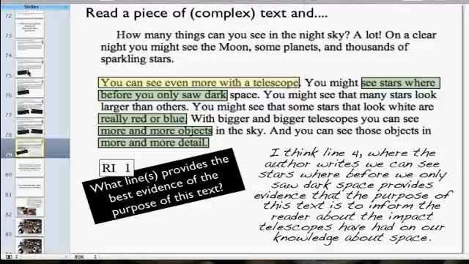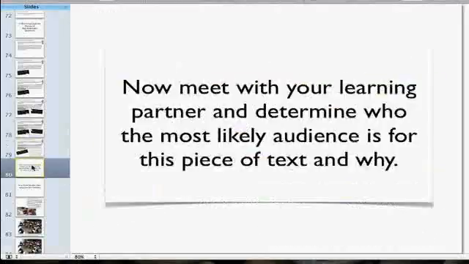And after students would do these different processes, they'd meet with a learning partner and then talk in a little depth about who they think the audience is for this piece of text and why. So a very cohesive sequence, and hopefully you can see how that mediated or helped to move through the different levels of cognition.